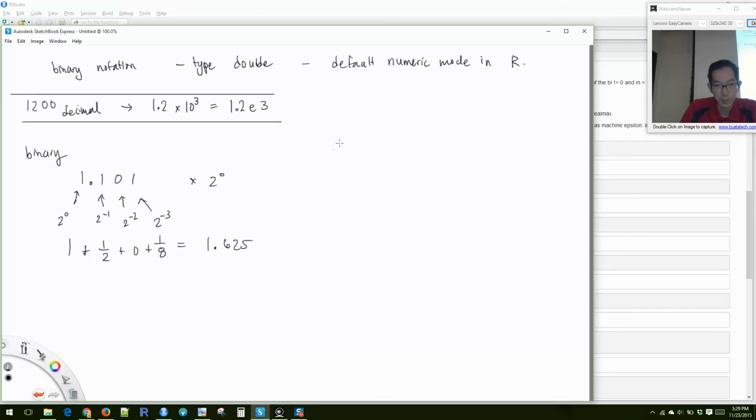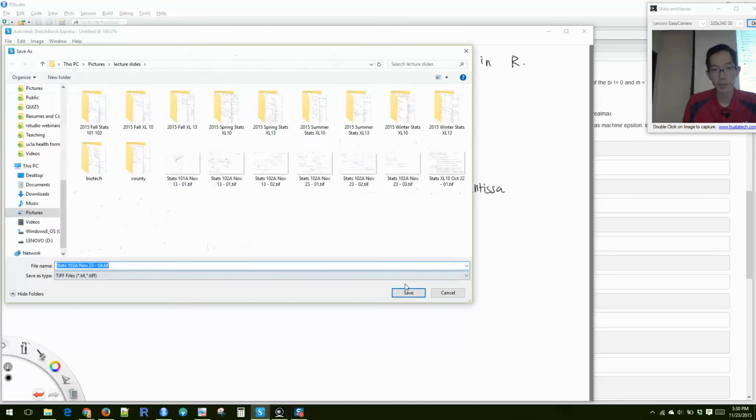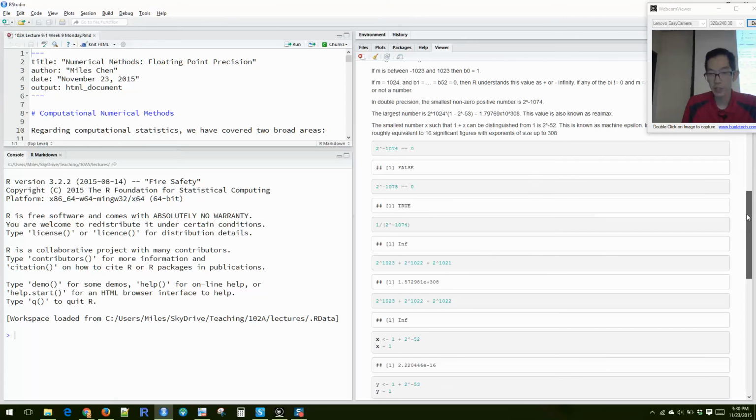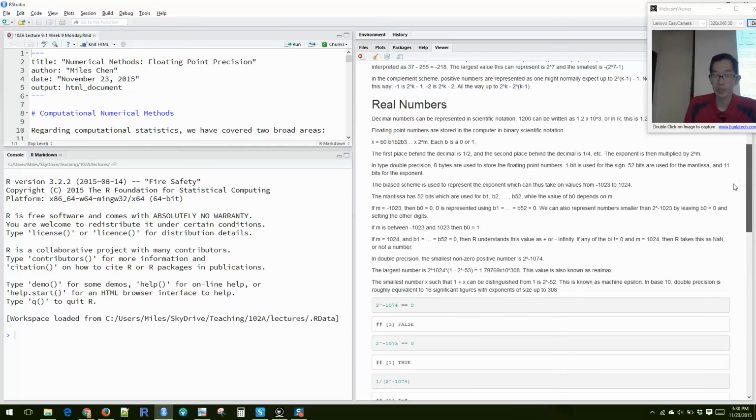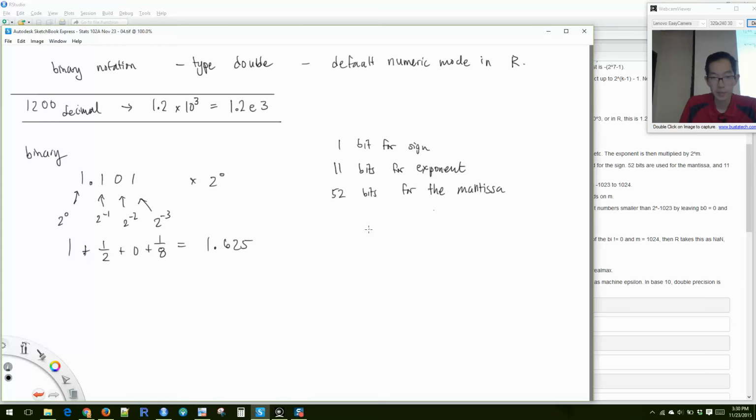We have 1 bit for the sign, 11 bits for the exponent, and 52 bits for the mantissa, which is basically the non-exponent part. And as far as the largest and smallest values that can be represented, let's see.